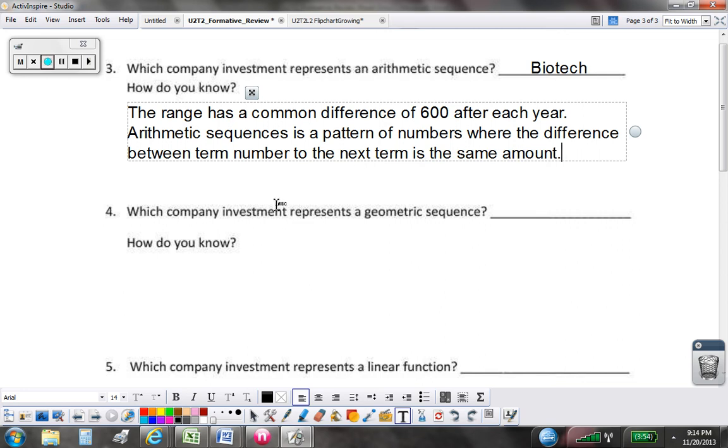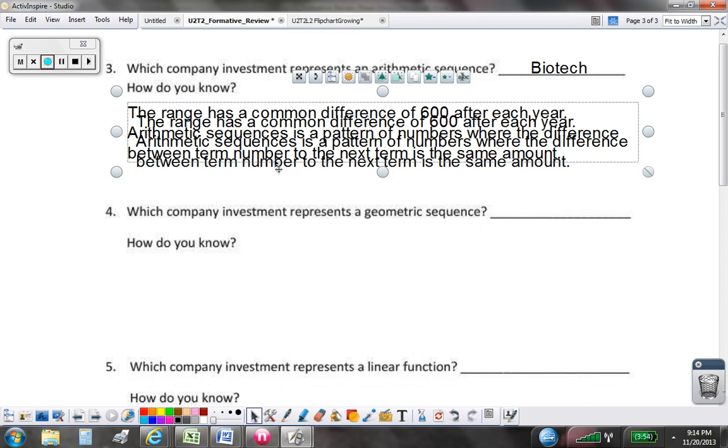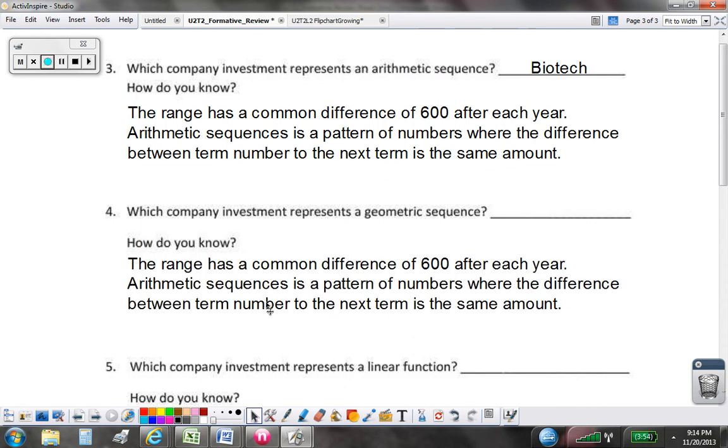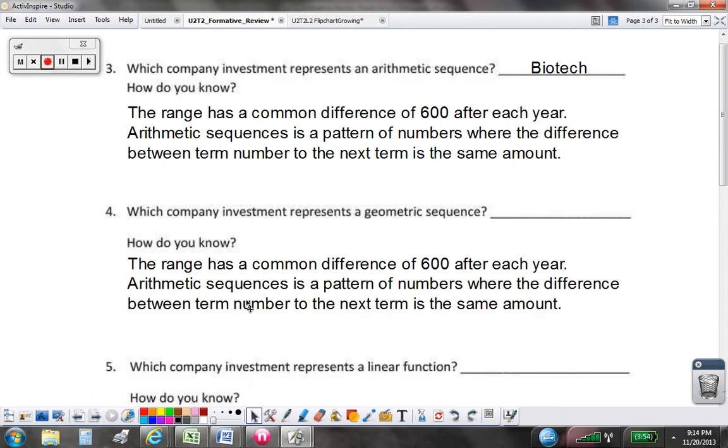Biotech and what was the other one? I can't remember. Megatech.